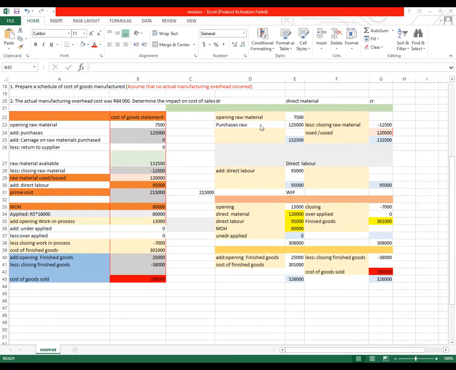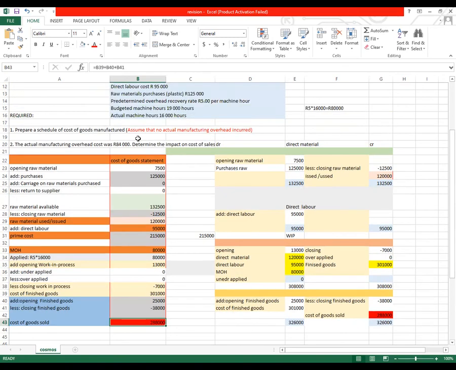In a test, they may give you the cost of goods sold as this amount, and you are given the information like this and the actual one, where you have to calculate the under or over applied.